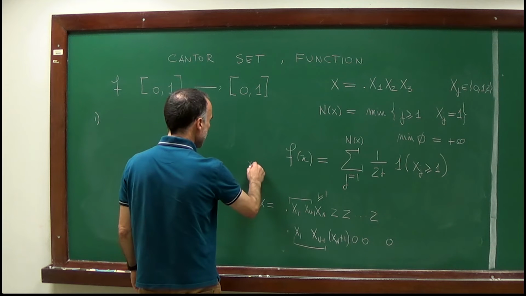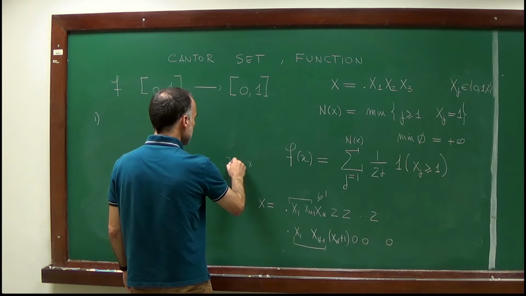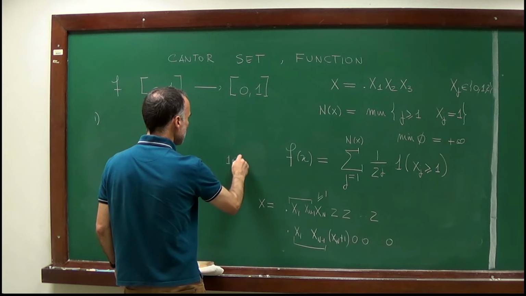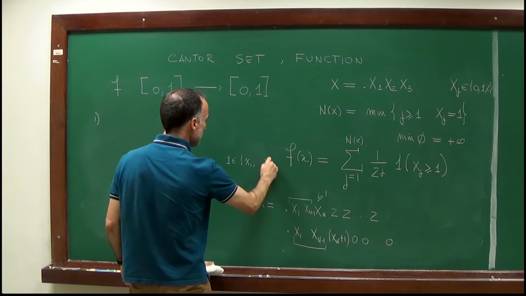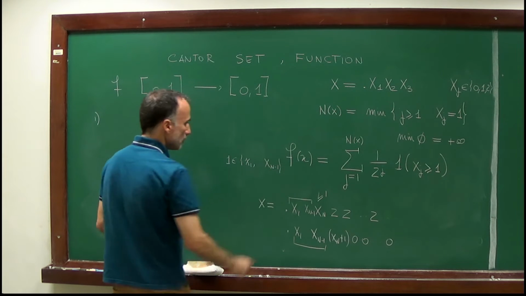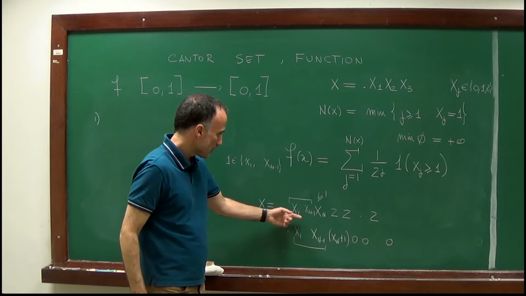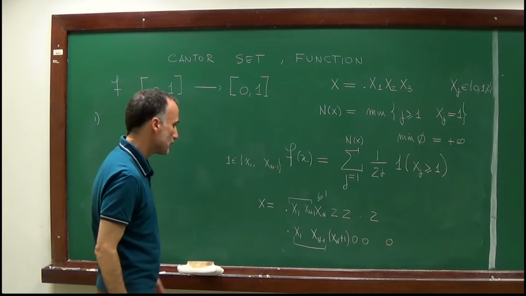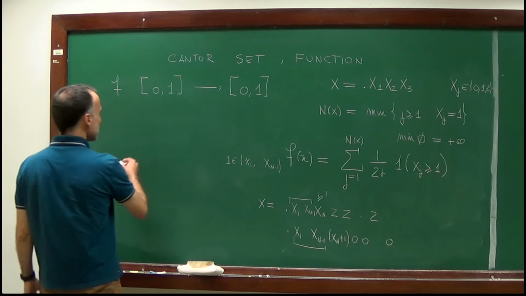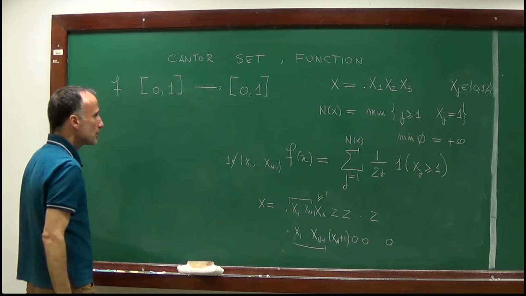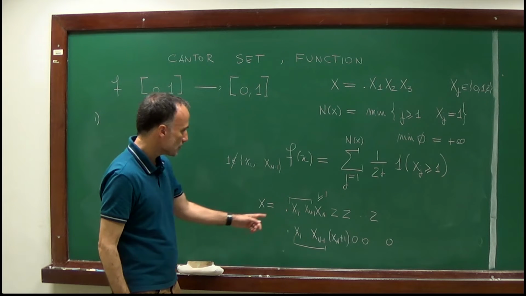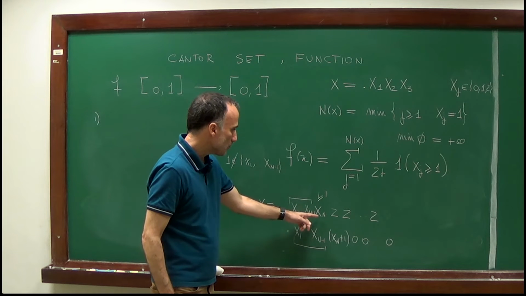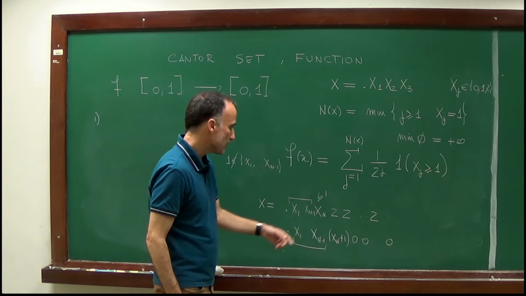So if there exists a j, or if you want to say, if 1 belongs to x1, ..., xn minus 1, then f of x is equal either using that representation or that representation. So now let's assume that 1 does not belong to x1, ..., xn minus 1, so I have here only 0 and 2 digits. And there are two possibilities, either xn is equal to 0 or xn is equal to 1.